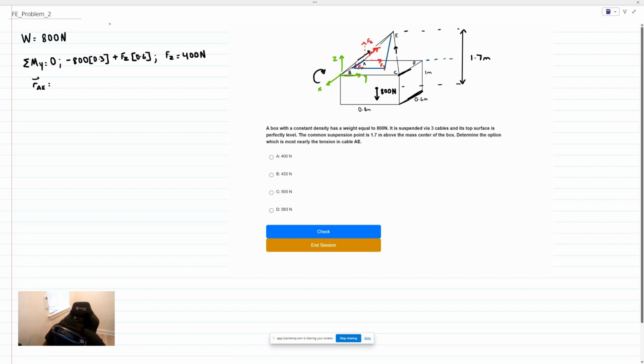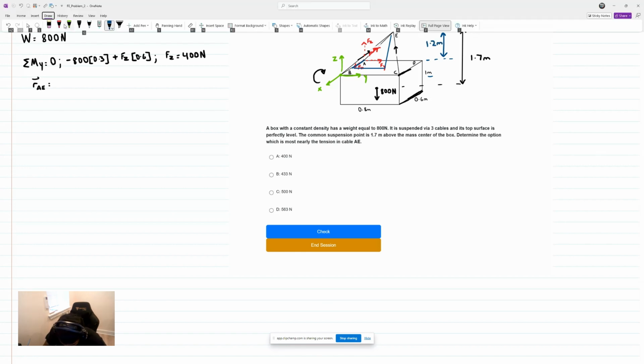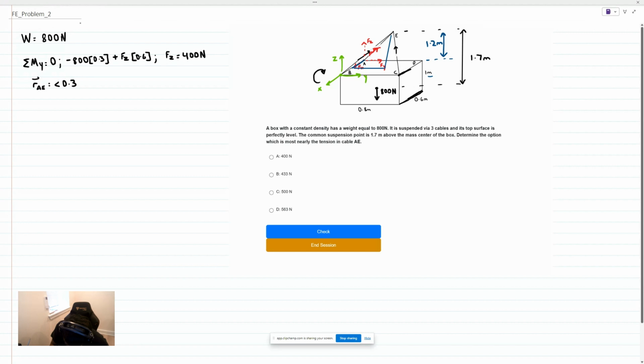We kind of dimension this. 1.7 minus half of this distance, which is 0.5, would be 1.2 meters. We traveled 0.3 meters in the X, 0.4 meters in the Y, and 1.2 meters in the Z.